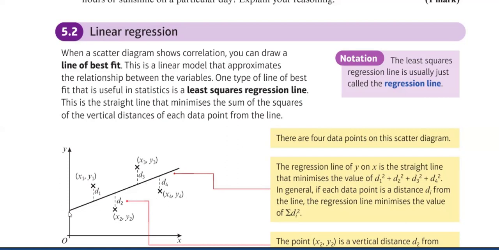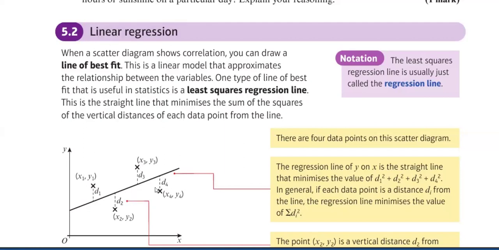It has positive correlation, but not clear. Therefore, weak positive correlation. Then we have to plot a linear relationship like this line. We have to find this line, which is called linear regression.